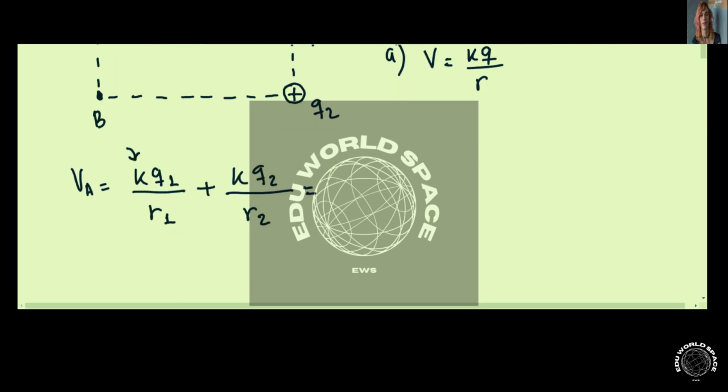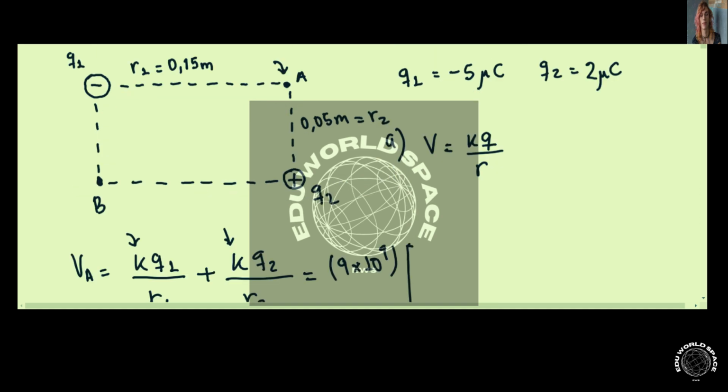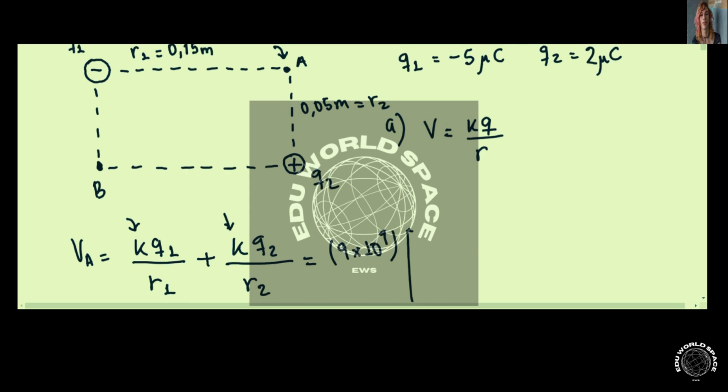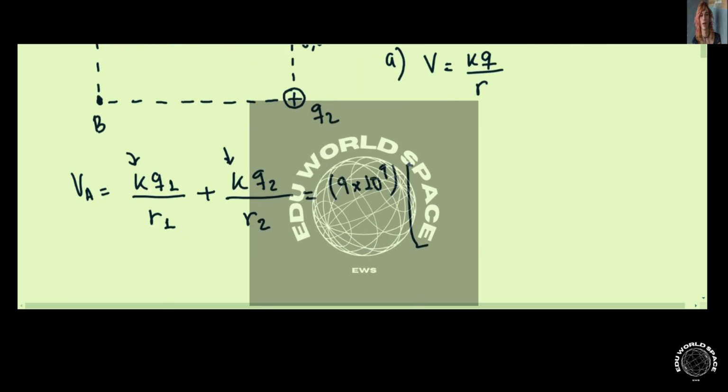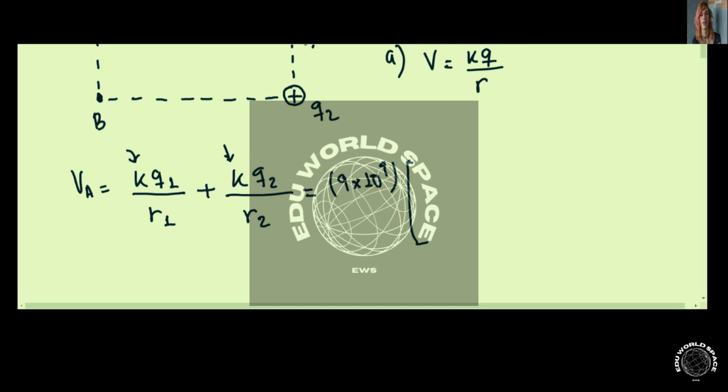We can factorize the Coulomb's constant, and we know that the Coulomb constant is 9 times 10 to the 9th. The charge Q1 has a value of minus 5 microcoulombs. Microcoulombs means times 10 to the minus 6.